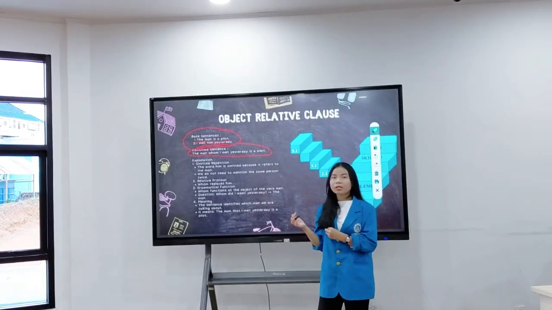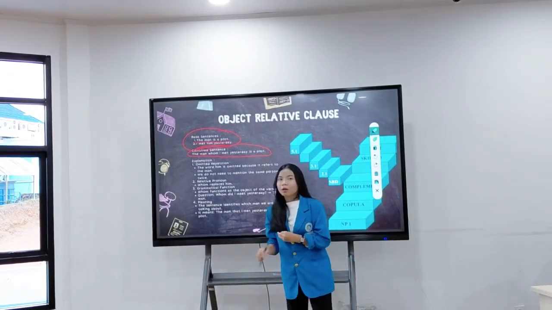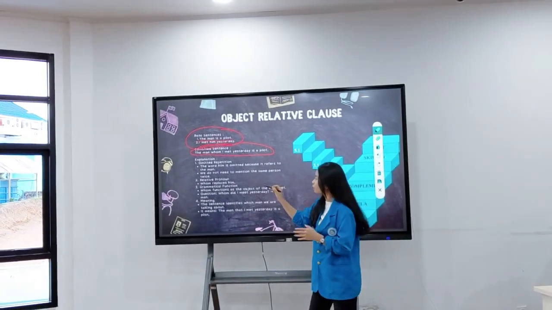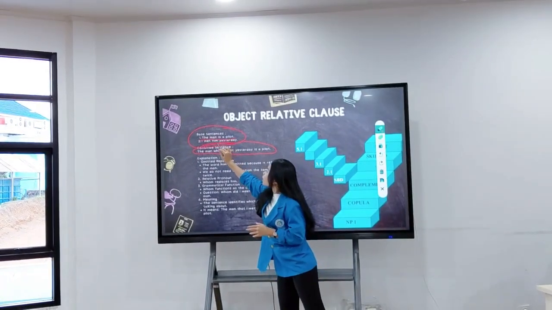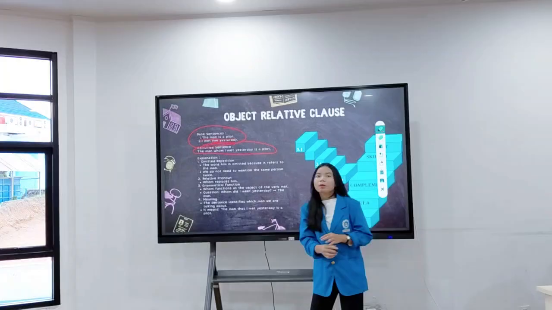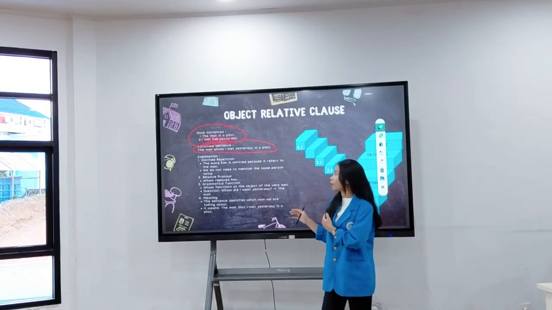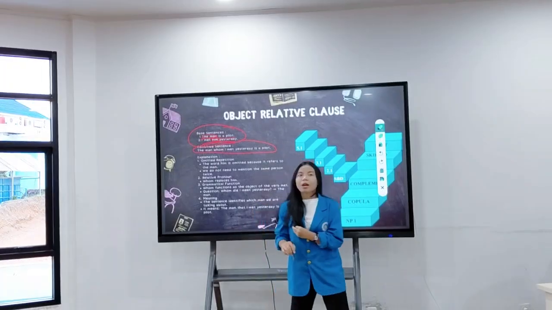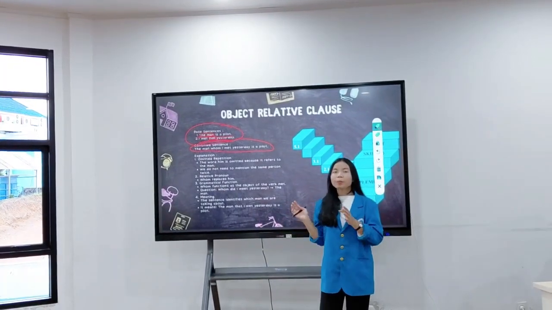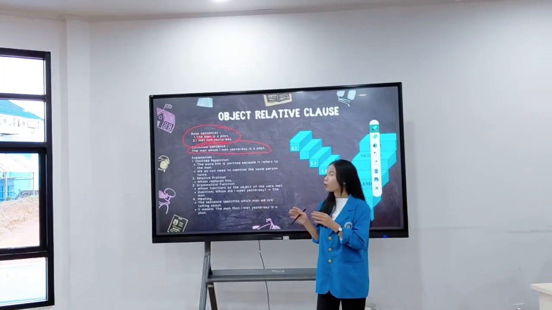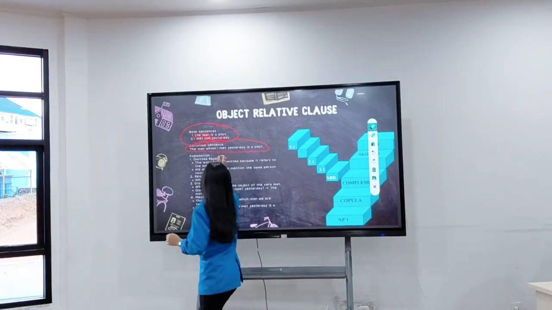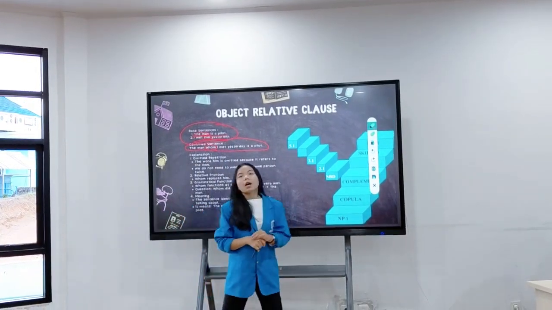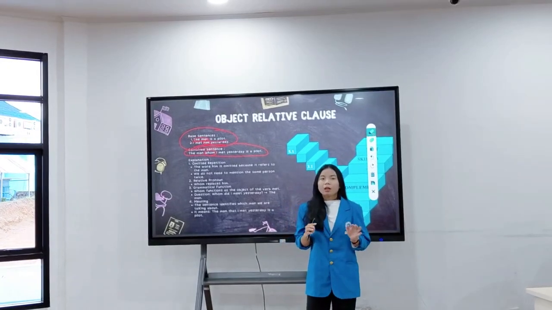And how is this sentence formed? First, we remove the repeated word him, because it refers to the man. And second, we replace it with the relative pronoun whom.